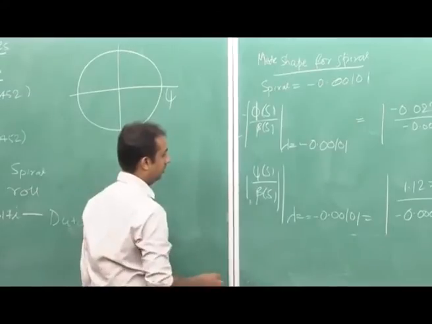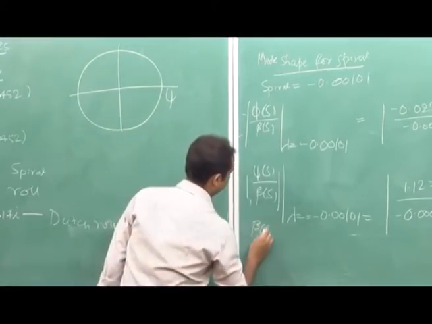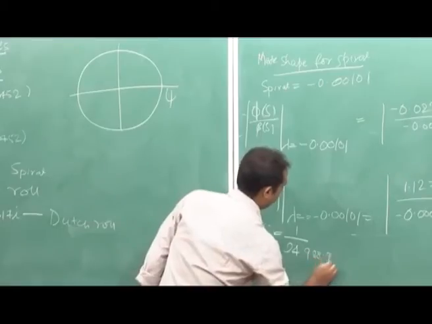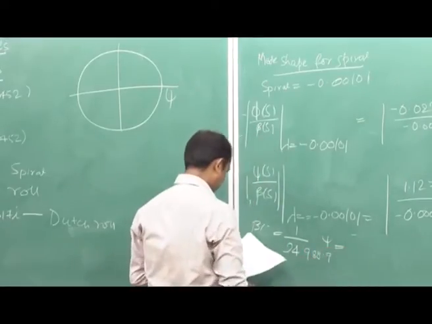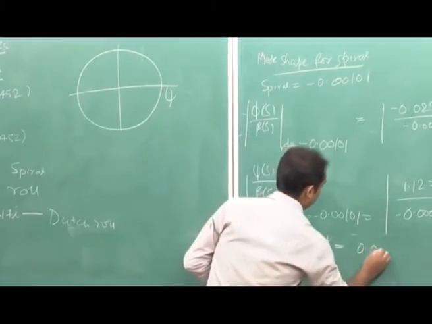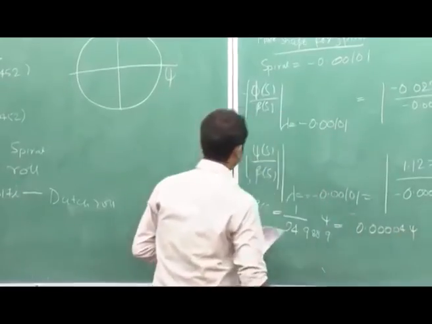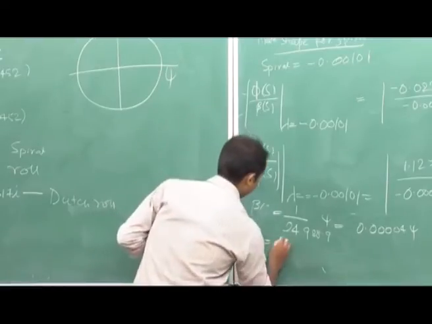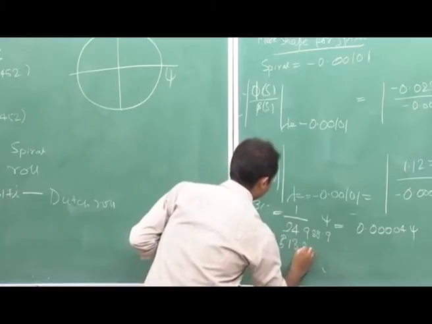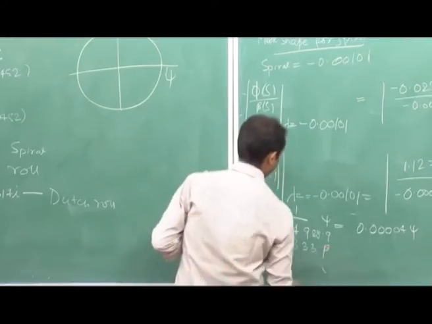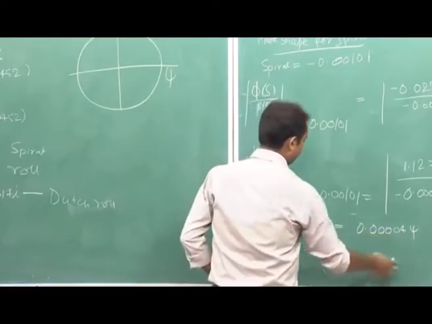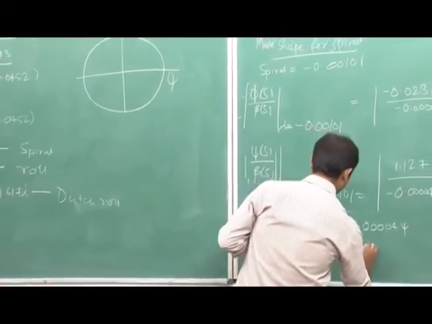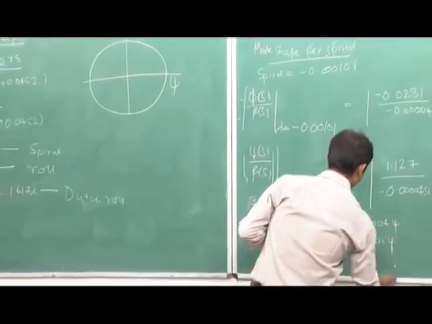From this ratio, your beta will be 1 by 24,988.9 times psi, which will be somewhere around 0.0004 psi, and phi will be 513.33 times beta, and since beta is 0.0004 psi, the relationship between phi and psi will be phi equals 0.0205 psi.